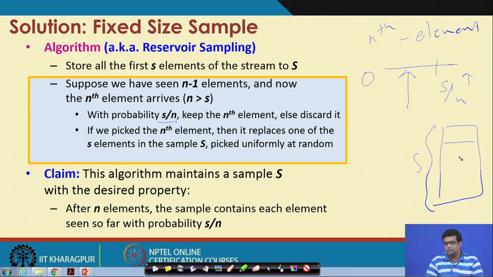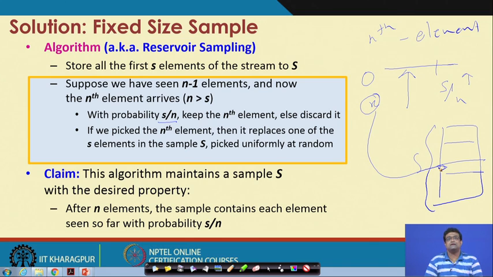You pick any one of these s elements at random, and you replace that with the current element. Let us call this x, the current element. So, you pick any one of these, whatever was there, you replace that with x. So, that is the algorithm.